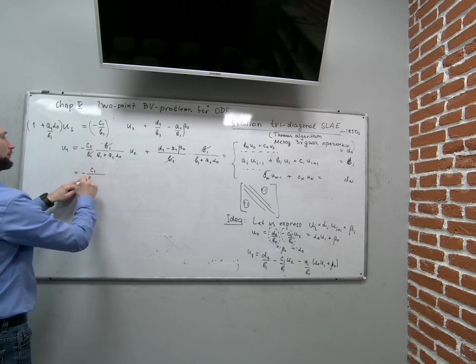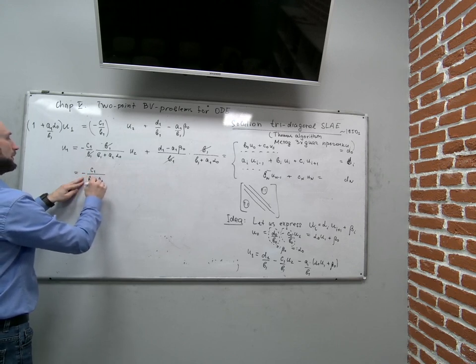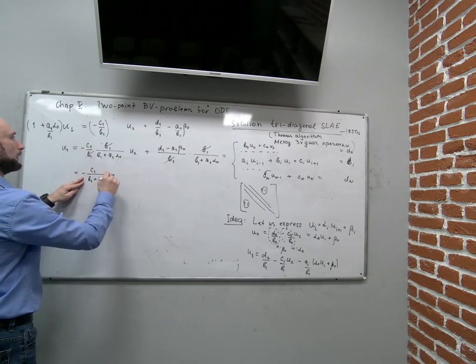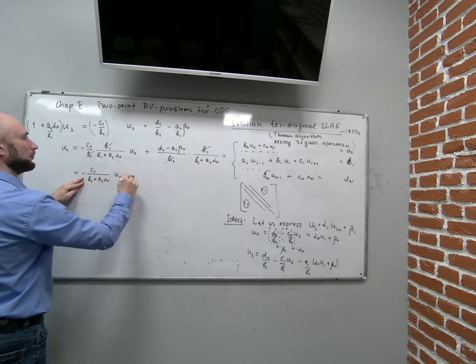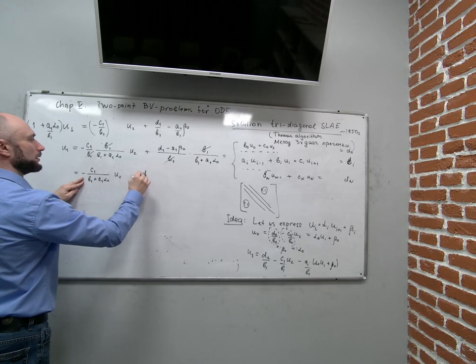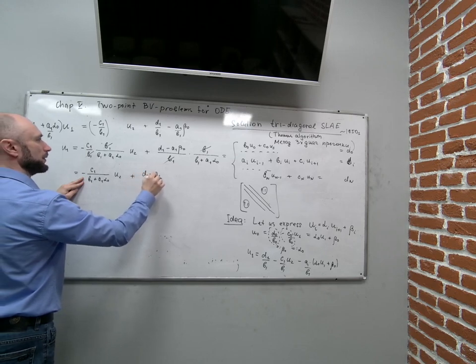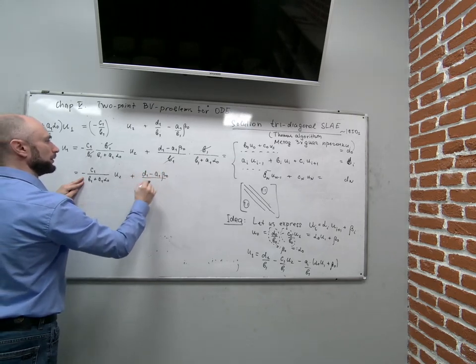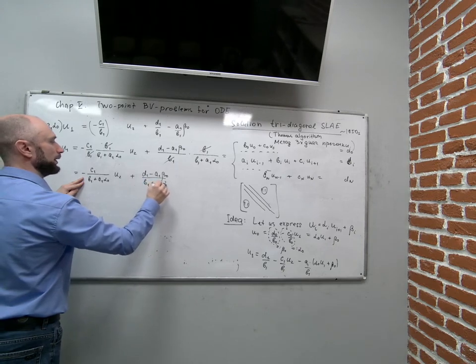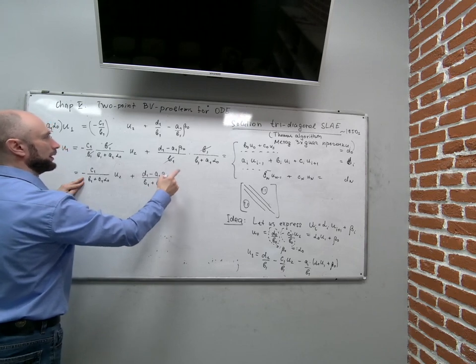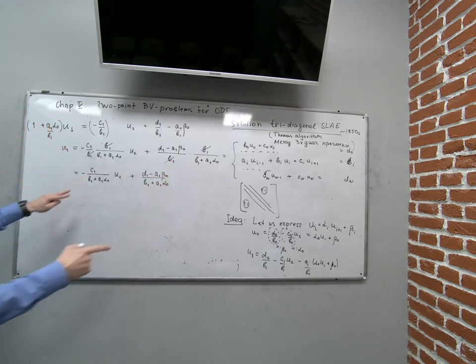C1 divided by B1 plus A1 alpha 0, U2, plus D1 minus A1 beta 0, divided by B1 plus A1 alpha 0, and that's it.